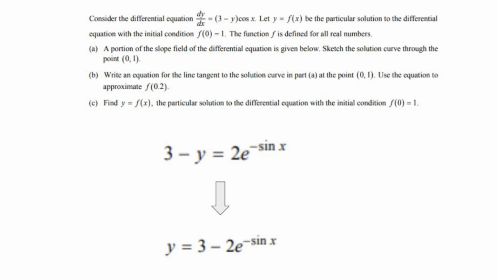So once we have that, we just need to solve for y again. And we have 3 minus y equals 2e to the negative sine x, and all we need to do is move our variables around, and we come to y equals 3 minus 2e to the negative sine of x, and that is your answer.